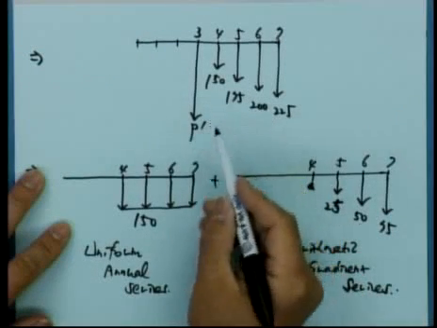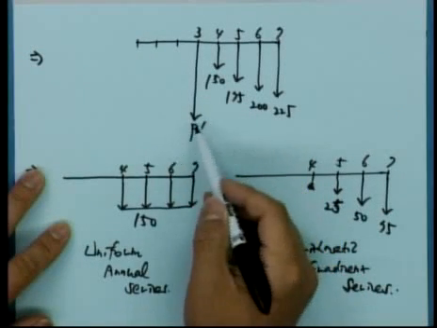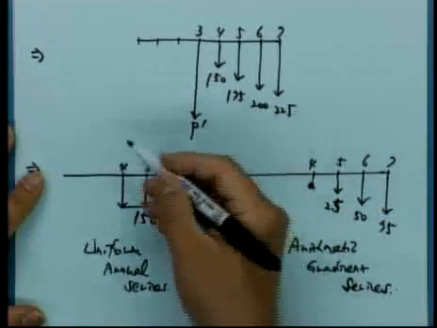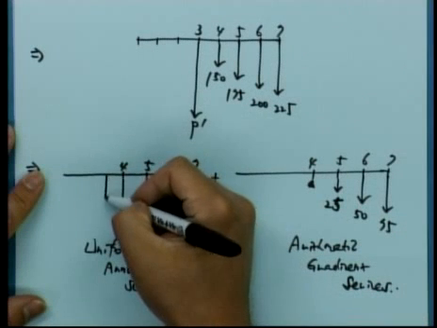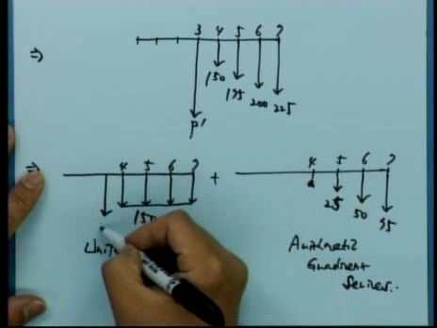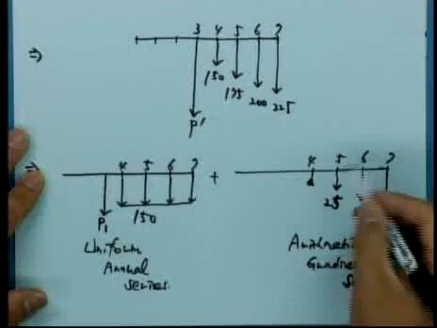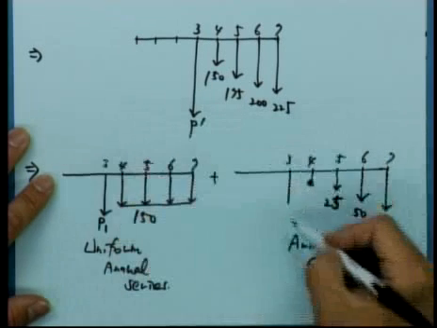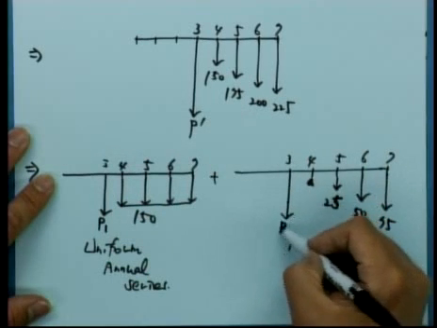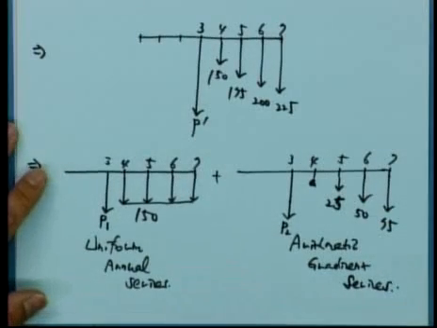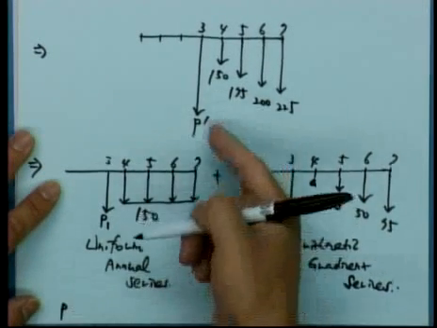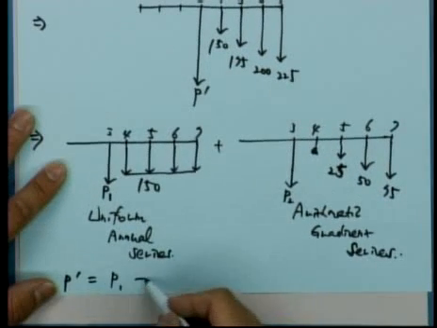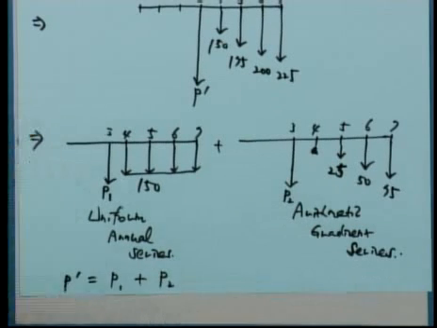So if we introduce P prime right here, and let's say here we introduce P sub 1, and at the end of period 3 here, let's say P sub 2 down here. Then this P prime is the summation of P1 plus P2. Is that right?